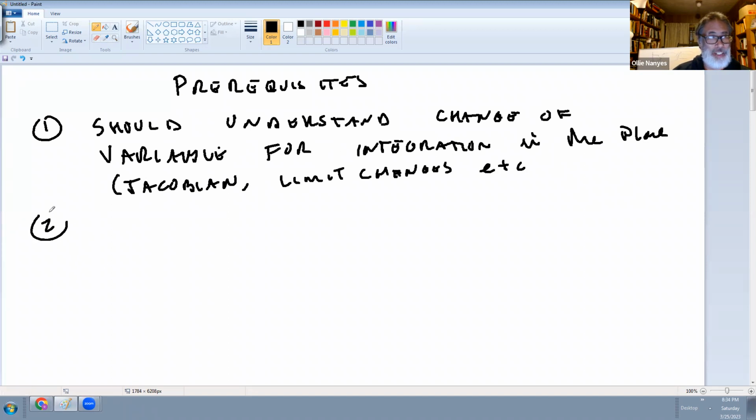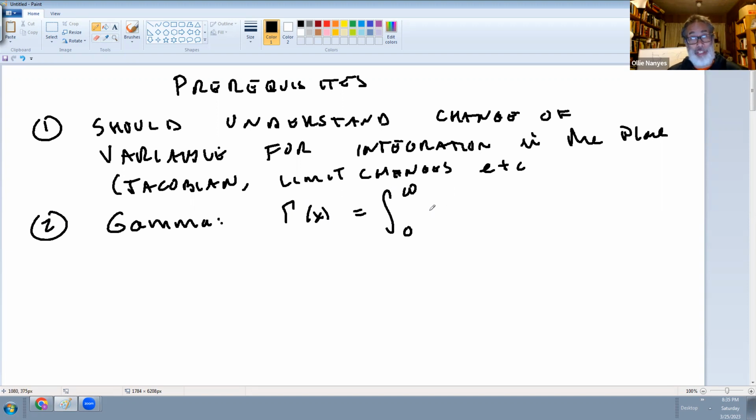The second thing you should understand, you should know what the gamma function is. Now remember, you can define it as gamma of x is equal to the integral from 0 to infinity. Now we're using the real variable gamma function, not the complex one. In this case, your dummy variable is going to be y, y to the x minus 1 e to the minus y dy.